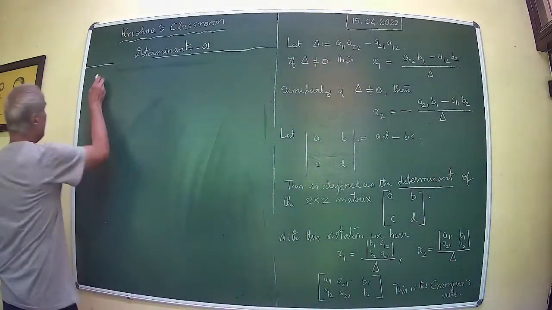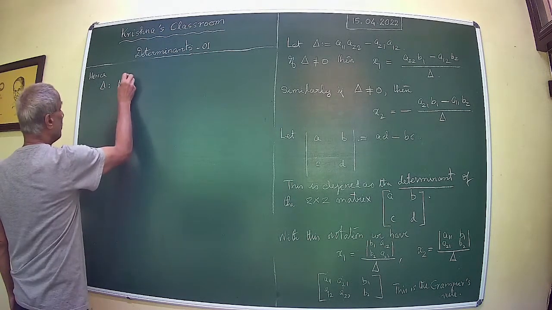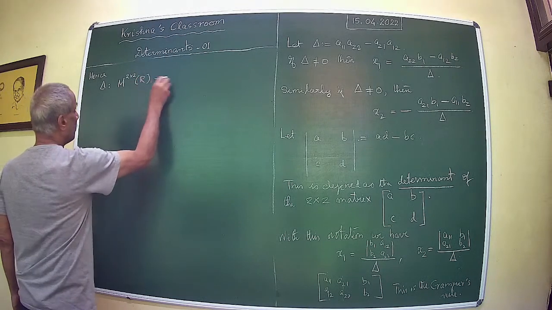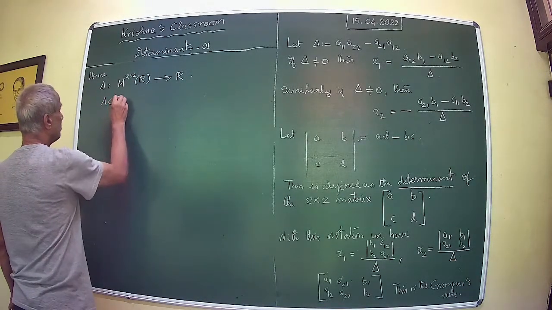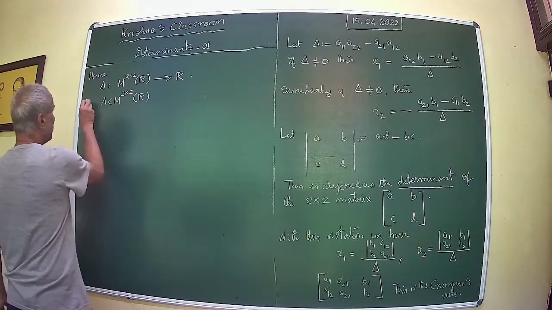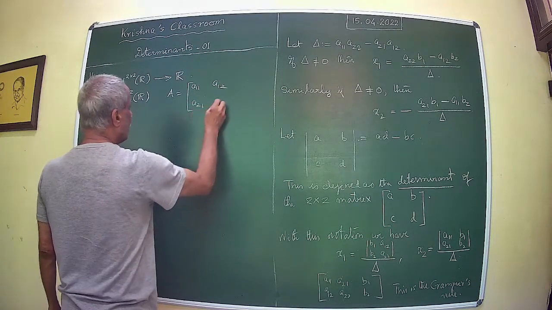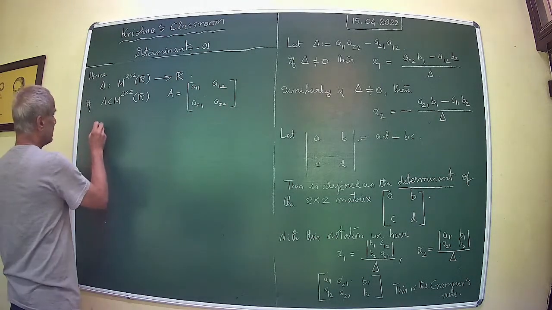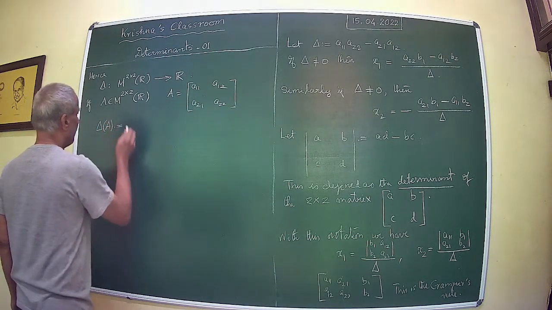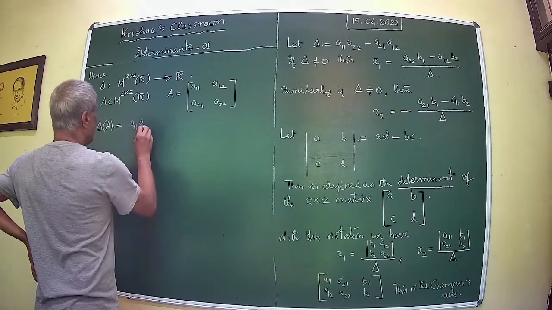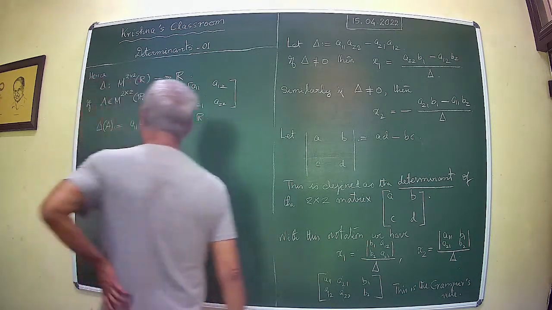So we take delta as a map from that is associating with, if A belongs to and A is given by, delta is, let me write A is defined by A11 which belongs to R. So this is the map that you have.